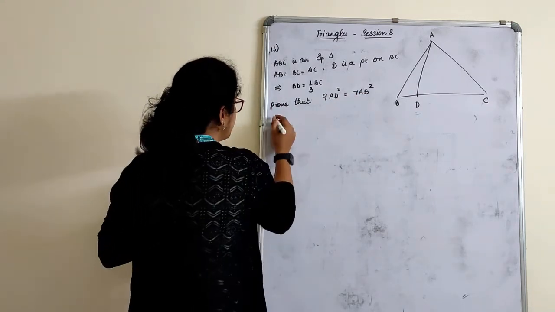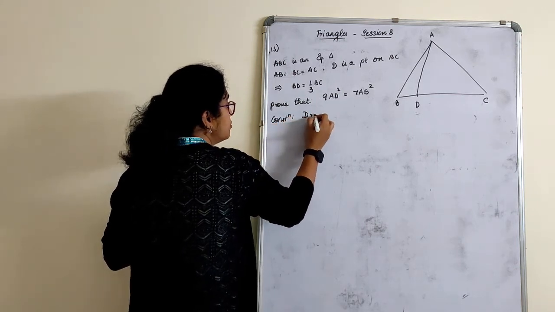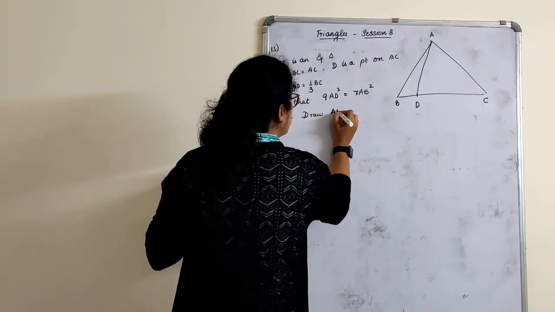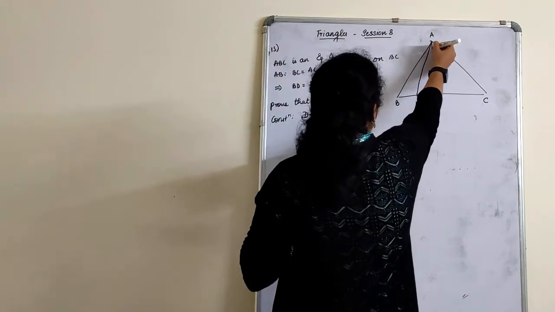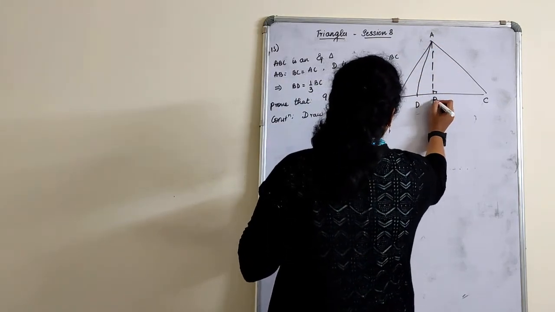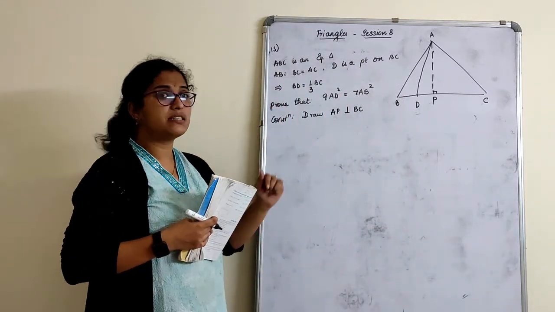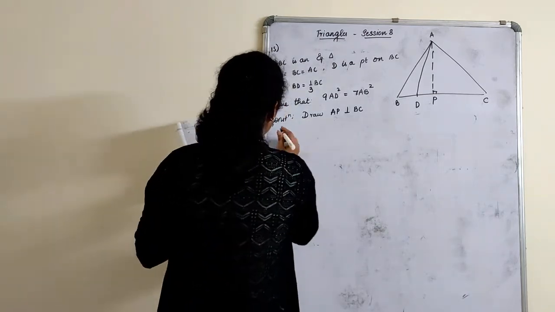Okay. We have a construction here. Construction: draw AP perpendicular to BC. Now, it's nothing but you are drawing an altitude. An altitude drawn to the base of the equilateral triangle divides it into equal parts. We all know that. Okay, so, proof.